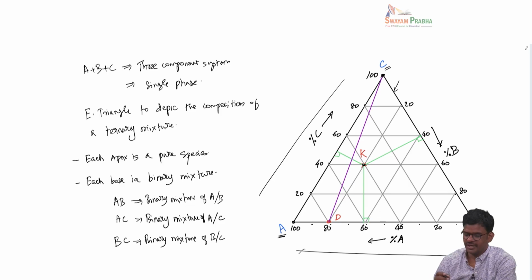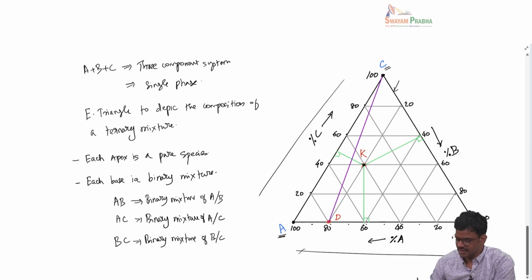Now, one more thing before I go to point K: let me tell you how we have graded this. I said this is component B, and along the line AB, here A is 0, here A is 20%, here A is 40%, 60%, 80% and 100%.